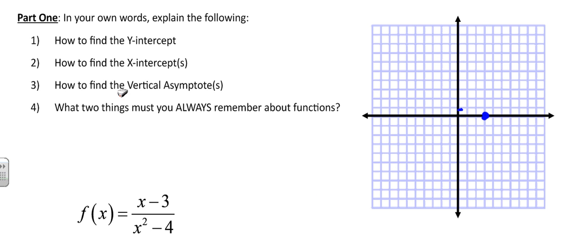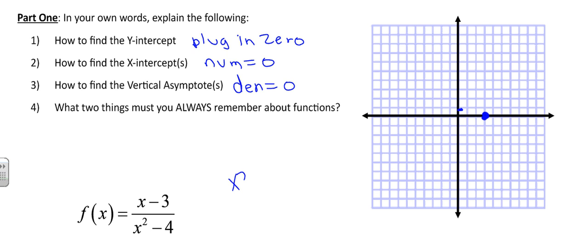Now, to find my vertical asymptotes, it's the area that x cannot be. Okay, so therefore, I'm now going to set the denominator equal to 0. So for my x-intercepts, I set the numerator equal to 0, and for the y-intercepts, I just plug in 0 for x.